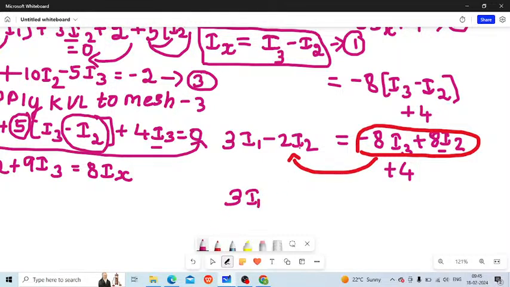So this is minus 2i2 minus 8i2. Why? When you shift this positive 8i2 to the left hand side, it becomes negative 8i2. So this is minus 2i2 and this negative 8i2 will give me minus 10i2. I hope you got my point in a clear manner.